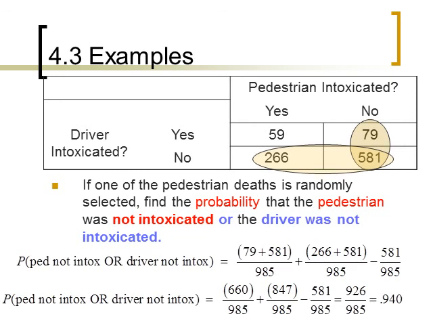Your final step is to divide that fraction. 926 divided by 985 equals 0.940. So you have about a 94% chance when you randomly select one person that in that situation the pedestrian was not intoxicated or the driver was not intoxicated.